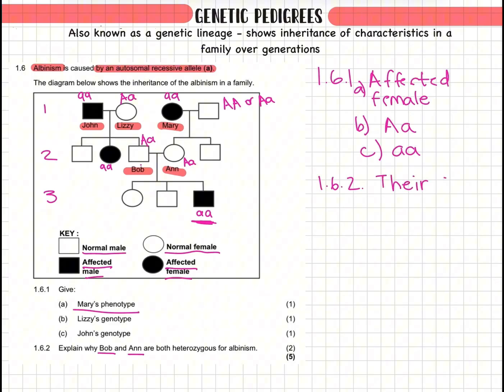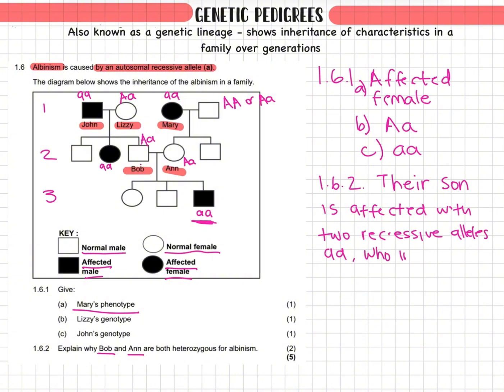So Bob is heterozygous because they have an affected child, definitely. So their son is affected with 2 recessive alleles, and they inherited each recessive allele from each parent.